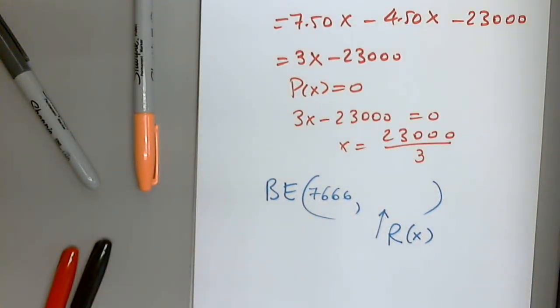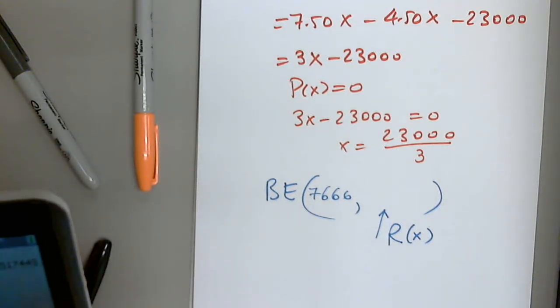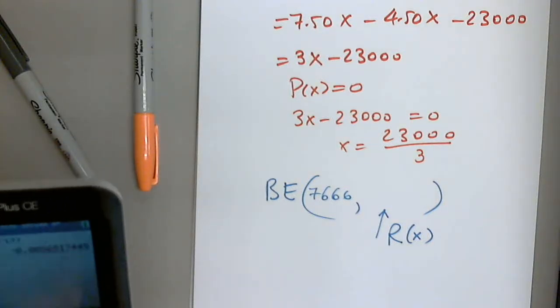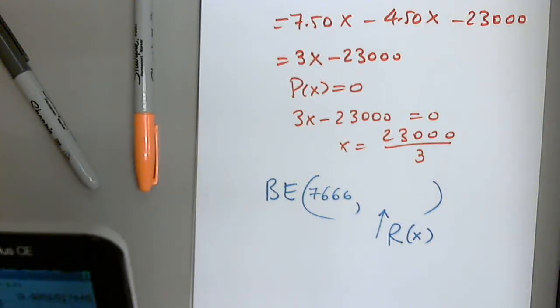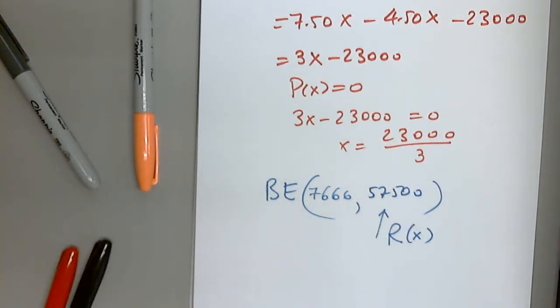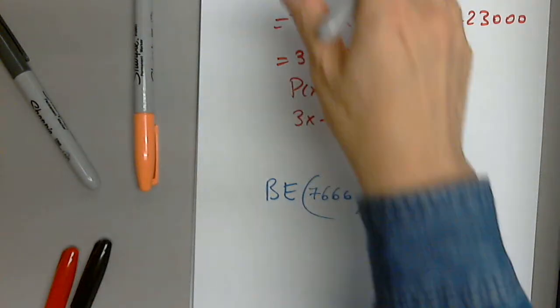So this number times 7.5, I can do that too. $57,500. The reason why I did not get any decimals is because I did not use really this number. I used this number that I multiplied by 7.5. Multiply this number by 7.5, and I got that exact number.